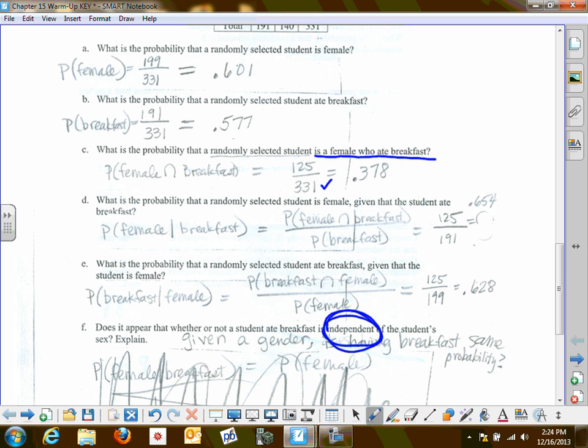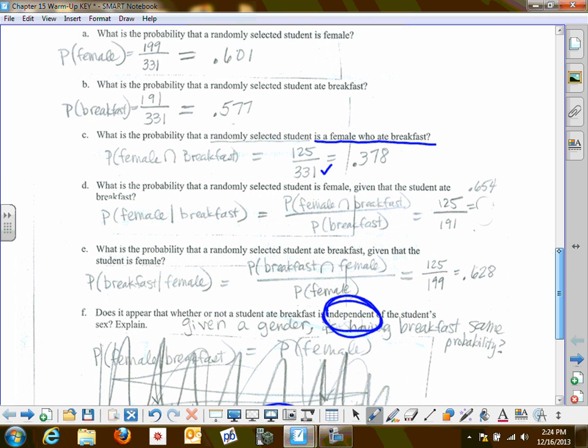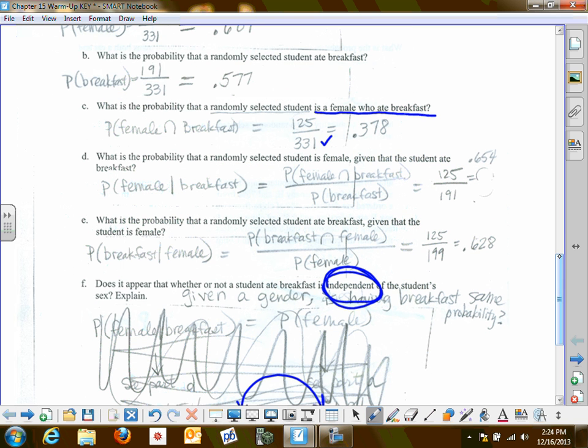It's coming out of the 331 students. But when we get to D and E, they were telling you given that. So we were given information to dwindle our bag down to just the breakfast eaters or just the females.